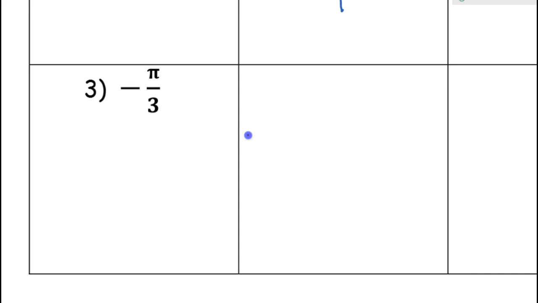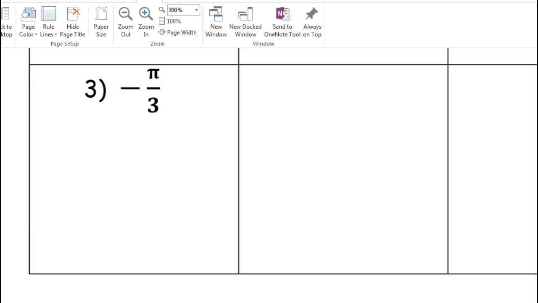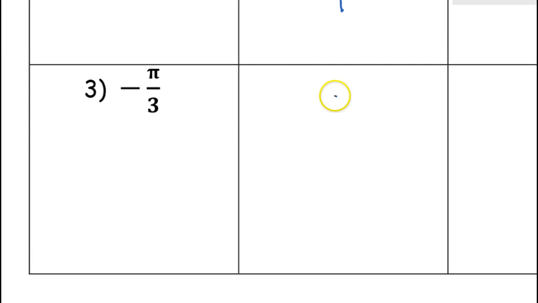Let's do problem number 3. All right, this one's going to be relatively easy. It should not take much thought. Okay, there's our initial side.